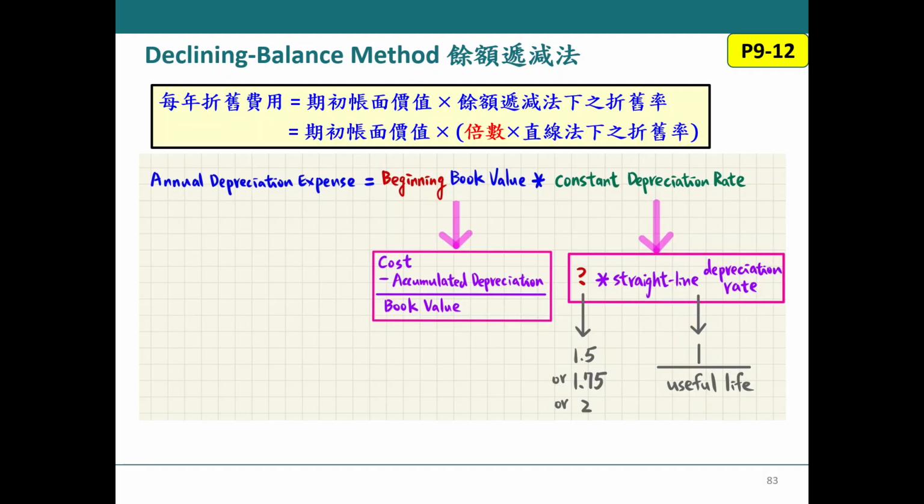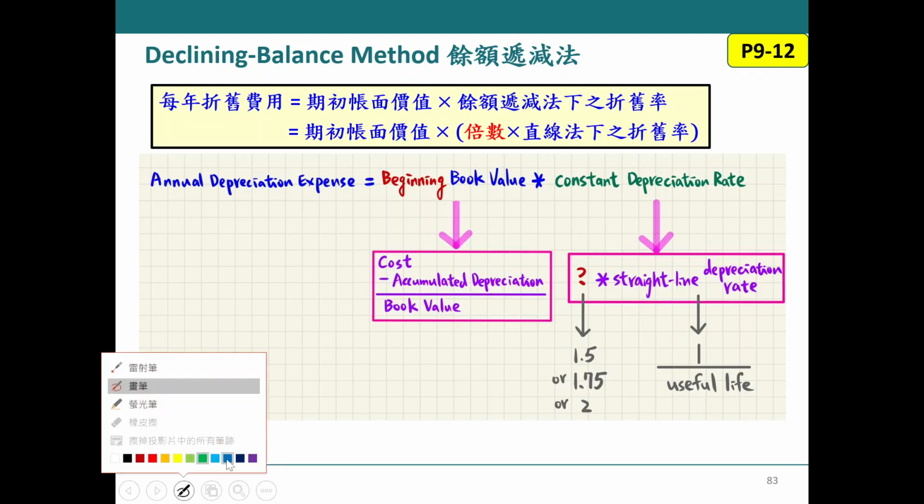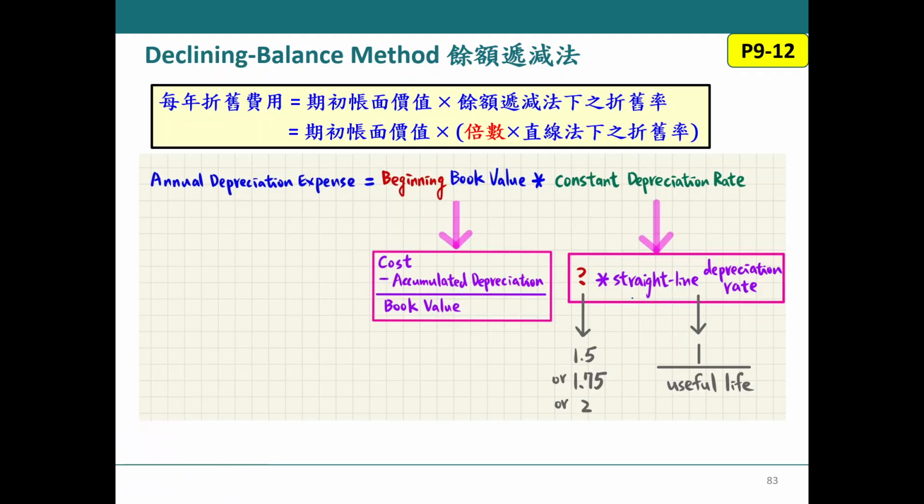Straight line depreciation rate, 直线法下的折旧率. So what does it mean?